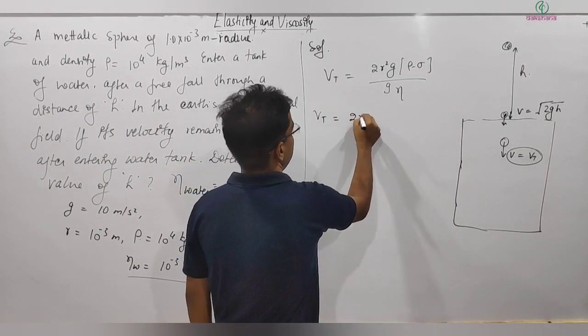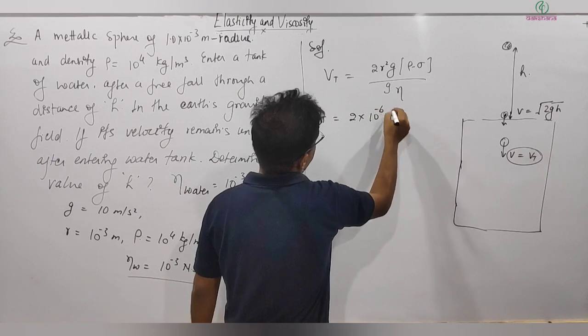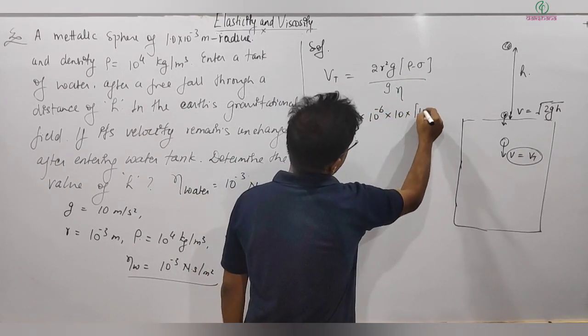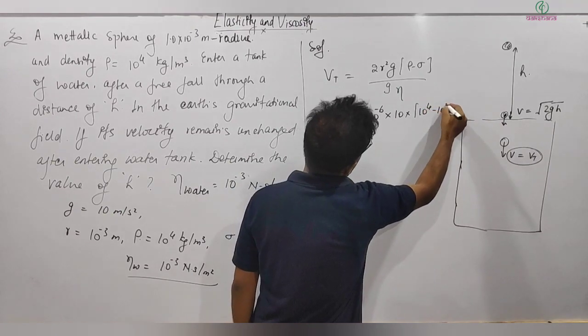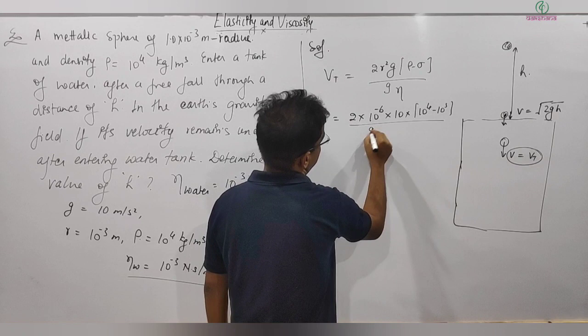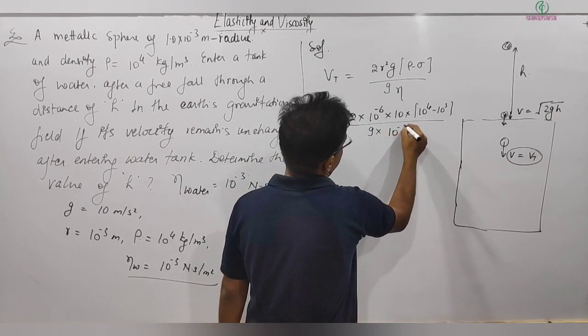So let me substitute everything and get the value of terminal speed. It's 2 into r square, that is 10 to the power minus 6, multiplied by g, that is 10, and rho minus sigma is 10 to the power 4 minus 10 to the power 3, divided by 9 into eta, which is 10 raised to power minus 3.